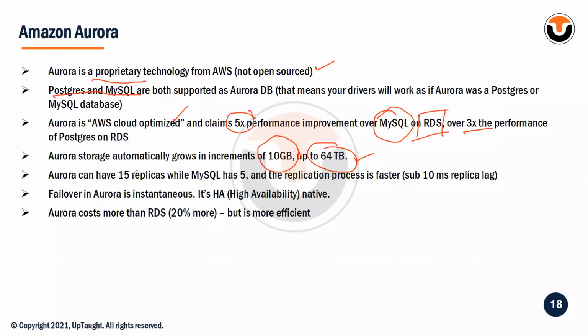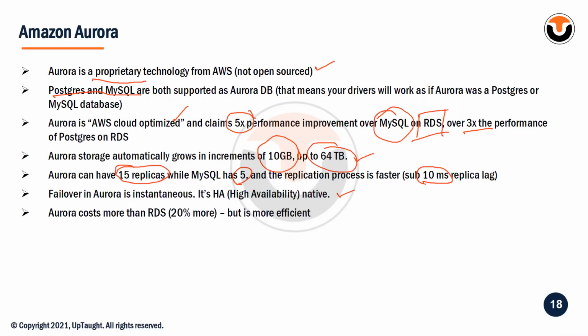Remember, Aurora can have up to 15 replicas, more than enough for any big database, whereas RDS on MySQL can have only up to 5 replicas. The replication process with Aurora takes under 10 milliseconds, which is really good. Next, if one availability zone fails, the standby instance is automatically up and running before you know it.